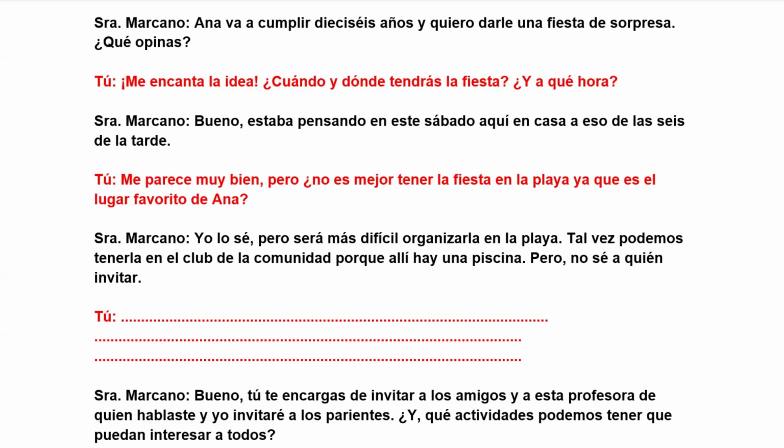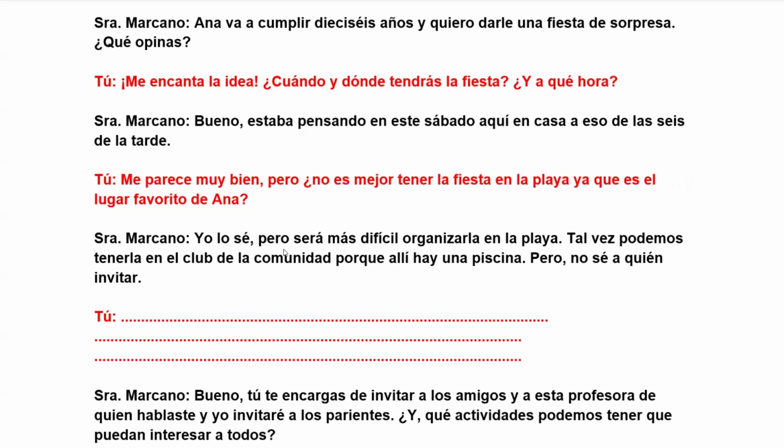Okay, so well, I was thinking about this Saturday here at home around 6 in the evening. And here we have, "Me parece muy bien, pero ¿no es mejor tener la fiesta en la playa ya que es el lugar favorito de Ana?" So that sounds great, but isn't it better to have the party at the beach given that it's Anna's favorite place to be.